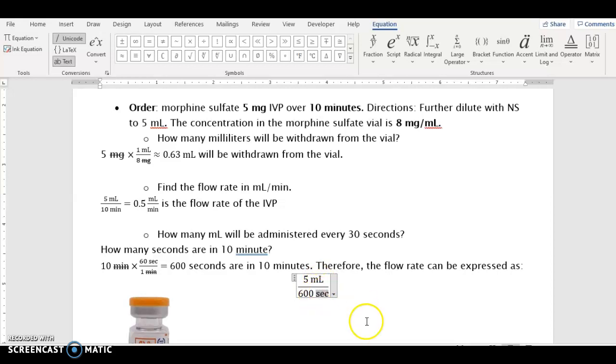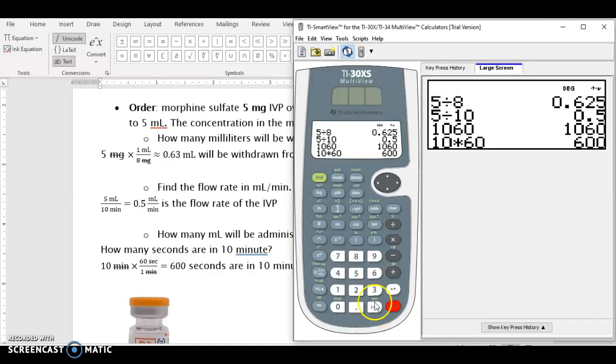Since we want to know how much to give every 30 seconds, we take 600 and divide it by 30. We get 20.